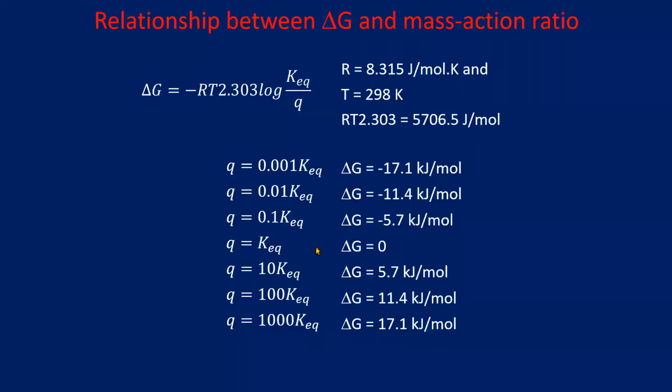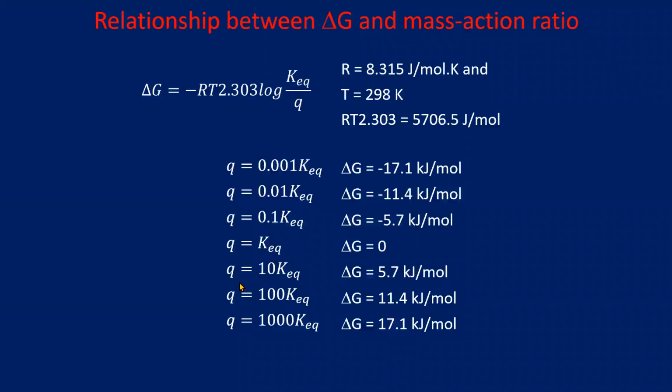From this relation, you can see the delta G in a few conditions. First, whenever this ratio is less than 1, delta G is negative. When the ratio equals 1, delta G is 0, and this particular condition is called the equilibrium condition.